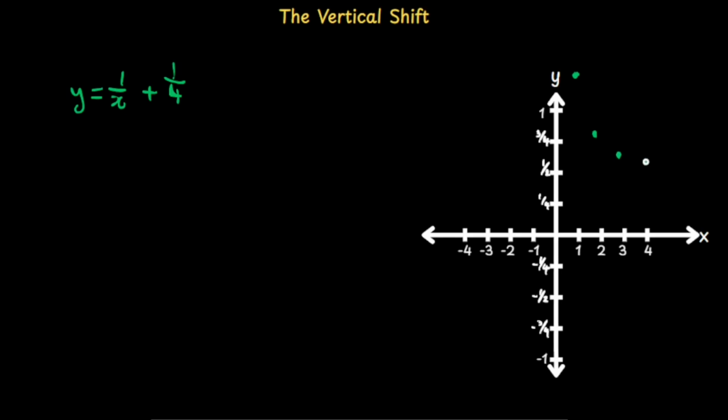Let's do that. Now let's work towards the left-hand side of the y-axis. 1 over -1 is -1. -1 plus a quarter should be -3/4.